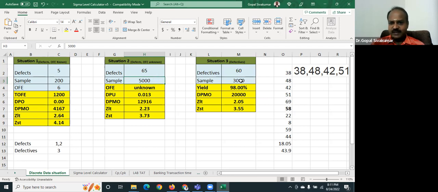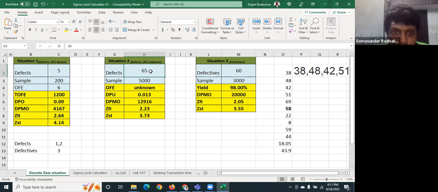See, here 3,000 samples are inspected. 60 items are defective, means the items got rejected. Here 5,000 samples, you have noticed 65 defects. I don't know how many units were rejected, but I only know there are 65 defects.